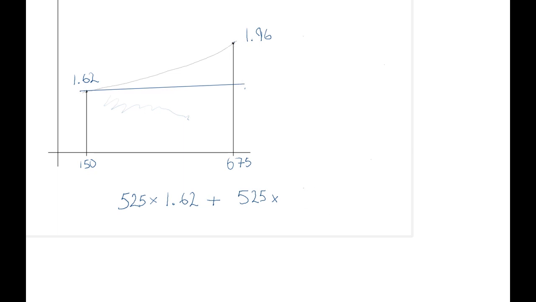So in other words, 1.96 minus 1.62 divided by 2 because it's a triangle. Okay, I can divide the whole lot by 2 if I wanted, it'll give me the same result. And that will equal, if I look at my notes here, 819.